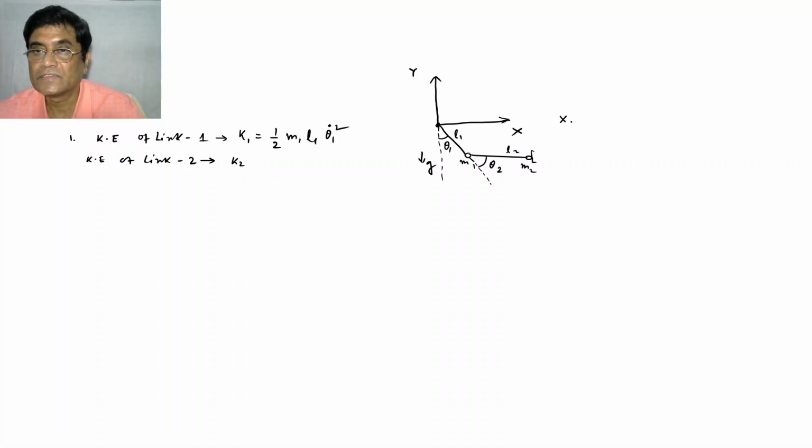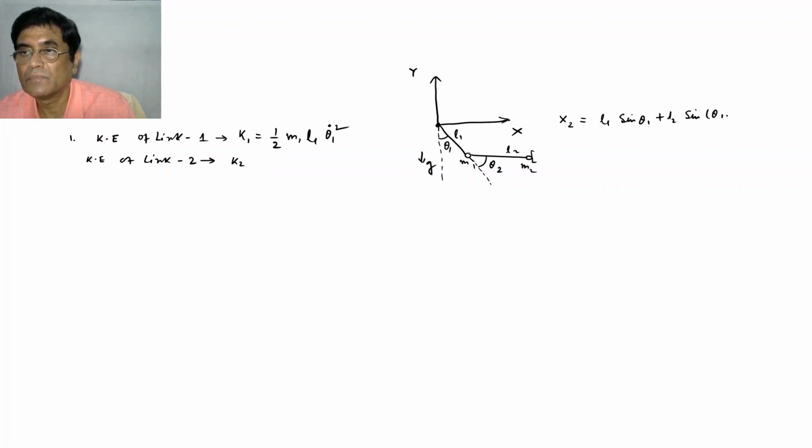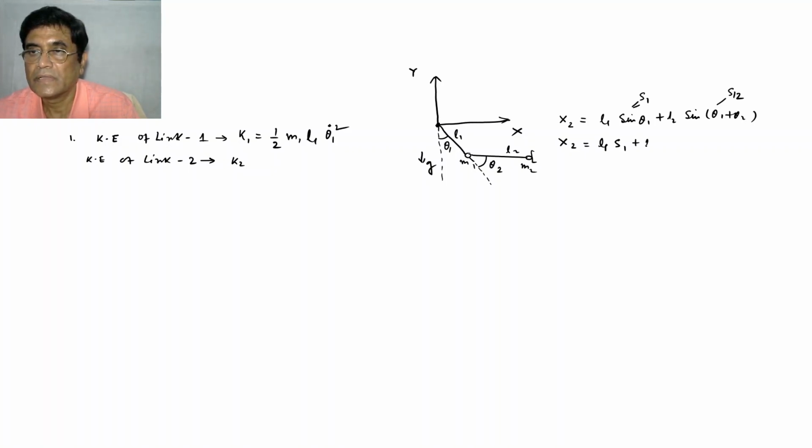Say x2 equals L1 sin theta 1 plus L2 sin theta 1 plus theta 2, and this is actually assuming S1, this is S12. You know all this. So x2 in a compact form will be L1 S1 plus L2 S12.